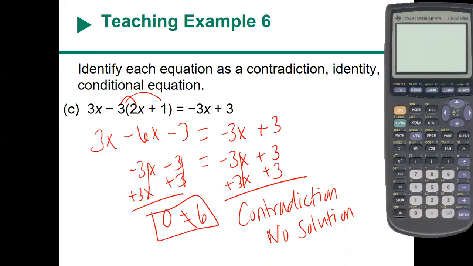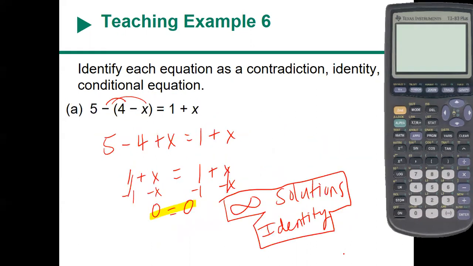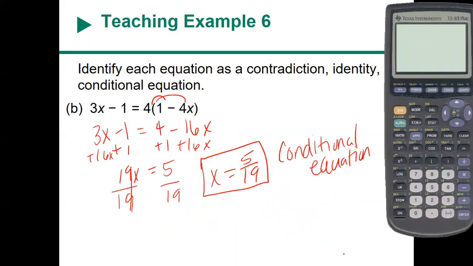So that's an example of all 3 types. If it's 0 equals 0, then that's an identity, and you have infinite solutions. If it's x equals a number, it's a conditional.